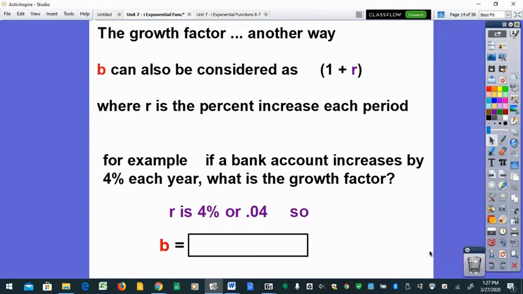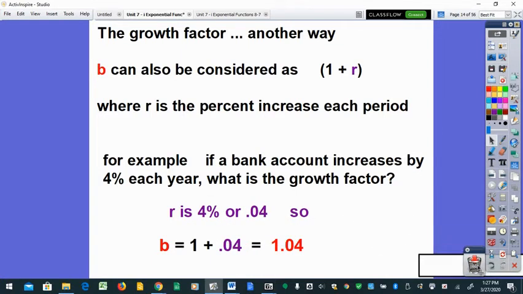We take off the percent sign and move the decimal two places, dividing by 100, to get 0.04, but that's not your factor. You add it to the original population, and this number, 1.04, is called the growth factor, and it means that you will get your original population back added with 4% more. So 1.04 would be your growth factor.